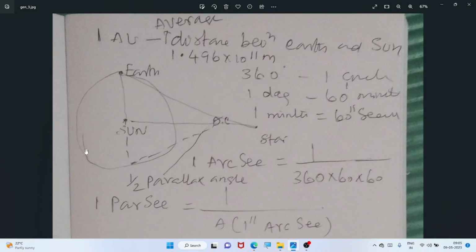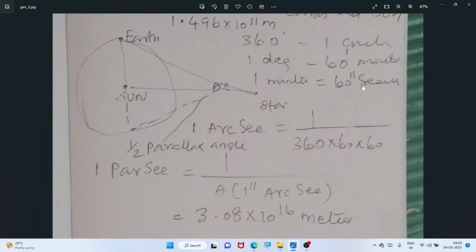One rotation is 360 degrees, and 1 degree is 60 minutes. 1 minute is 60 seconds. So in that, 1 second is nothing but 1 arc second. That is 1 divided by 360 degrees into 60 minutes into 60 seconds.